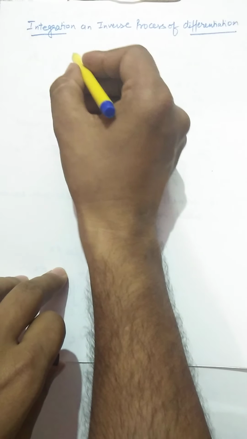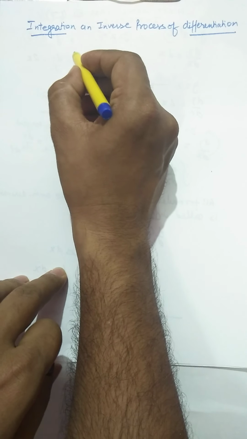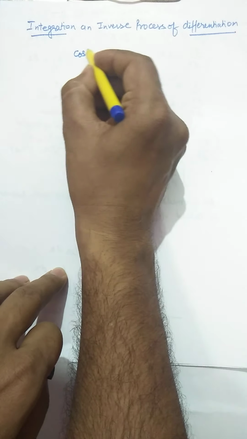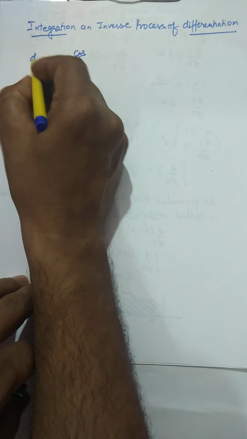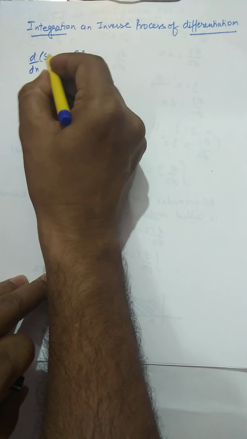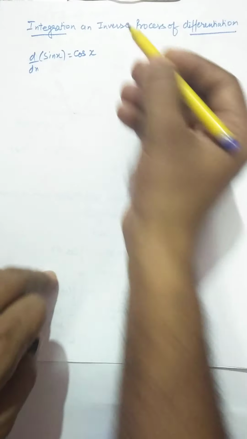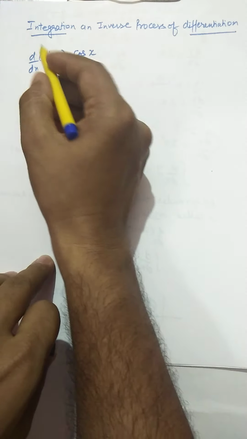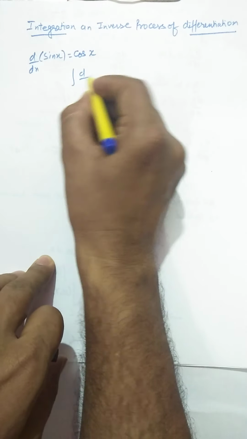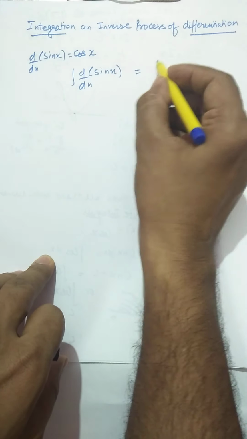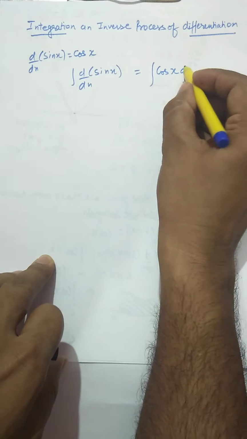Some formulas we can obtain by observation. For example, d by dx of sin x, as you know, is cos x. So we take integration: d by dx of sin x is cos x, and here you can write cos x dx.